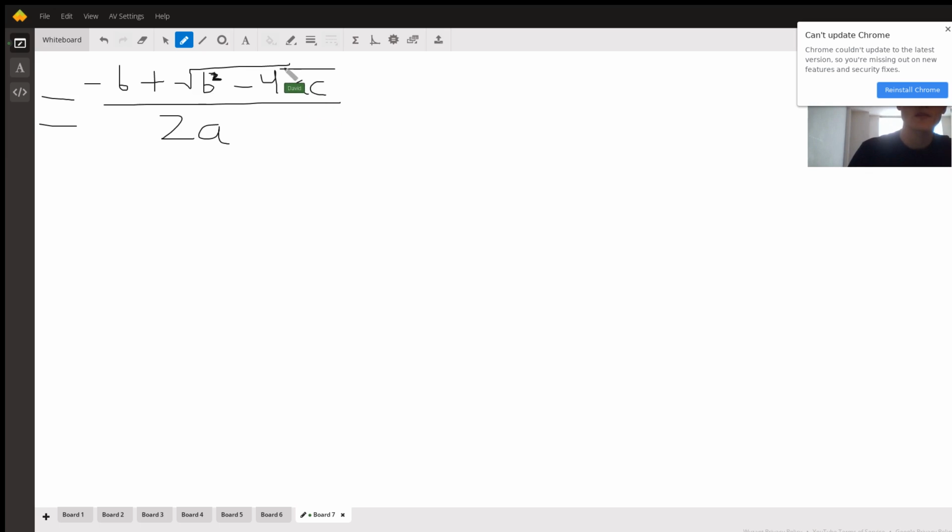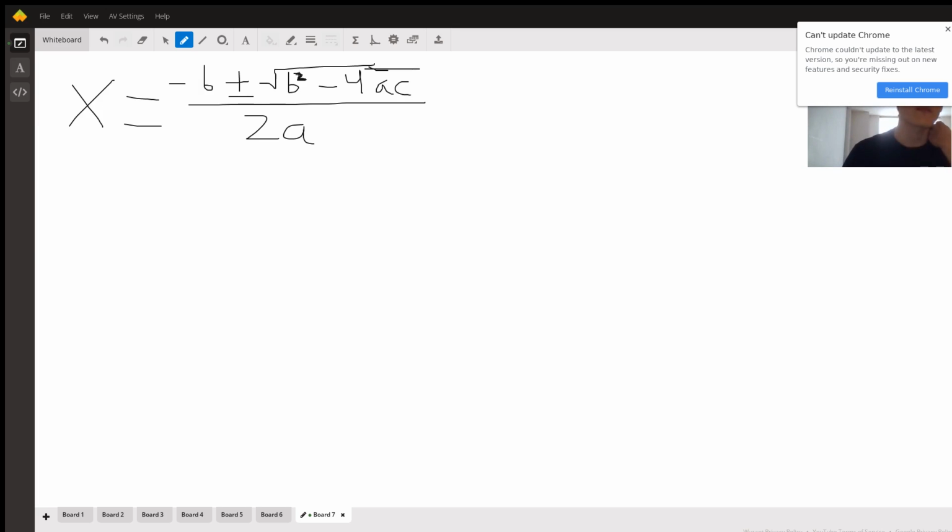Okay, so these things we can all calculate using the coefficients, right? Except there's one extra addition. We have to put plus or minus there, because the square root can be either the positive or negative one. They're both going to work.